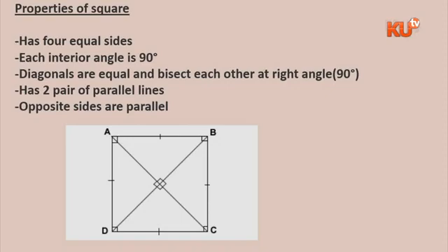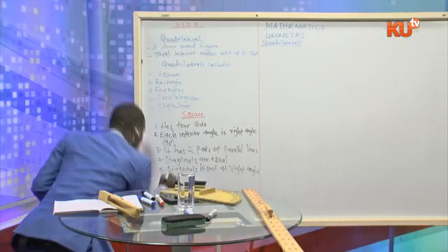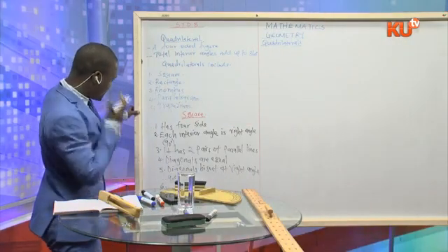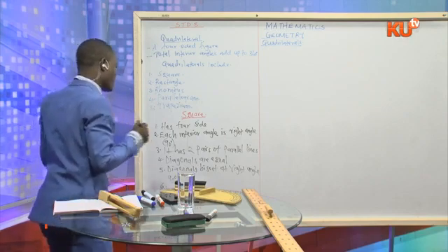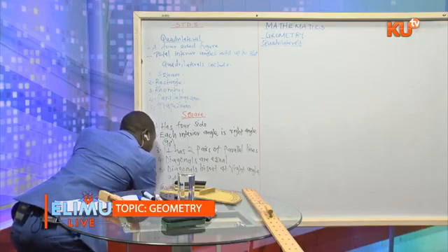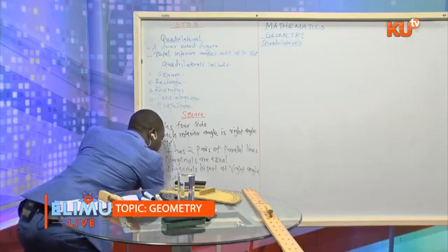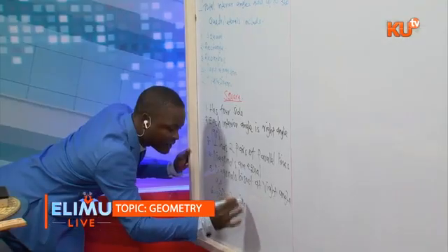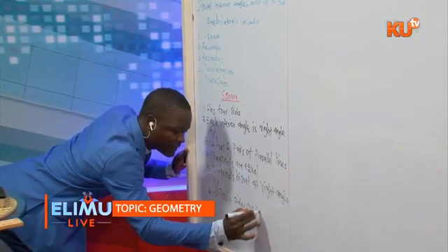So that means that they bisect at 90 degrees. The other property of a square is that opposite sides are parallel.